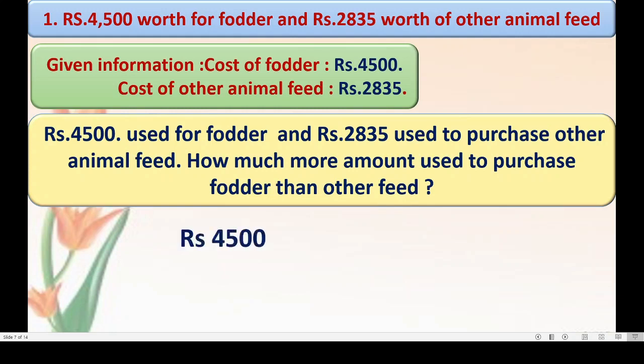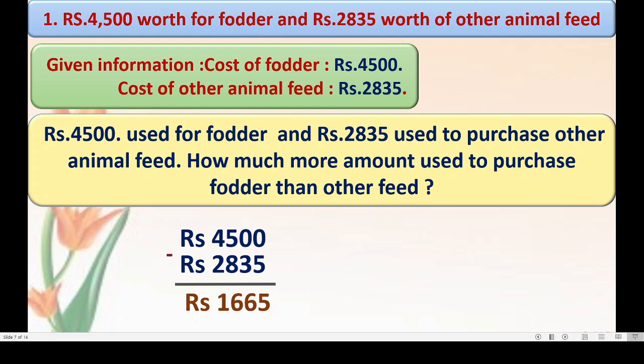Rupees 4,500 minus rupees 2,835. What is the answer here? See this. Rupees 1,665. You know this subtraction, correct? So I have written directly the answer.